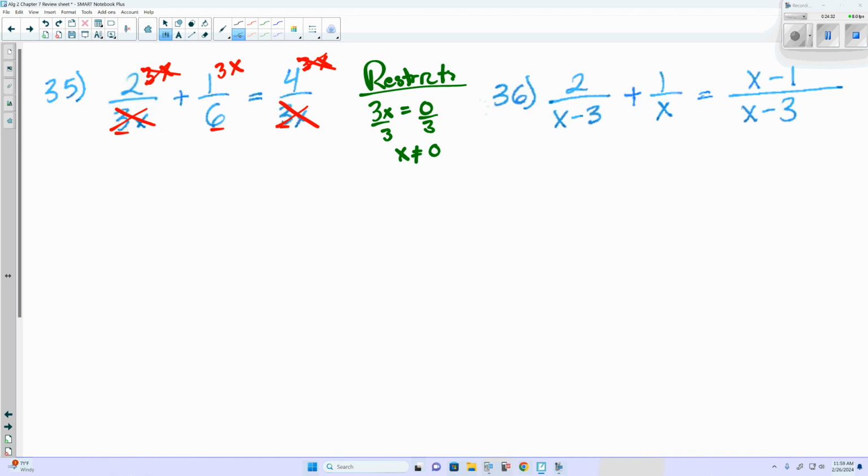And will the 3 and 6 simplify here? Because 3 over 6 reduces to 1 over 2. Here we would have 2 times x because everything canceled, plus we would have x. That shouldn't be 2x, that should just be x. 2 over x is equal to 4. So did all of our denominators simplify?